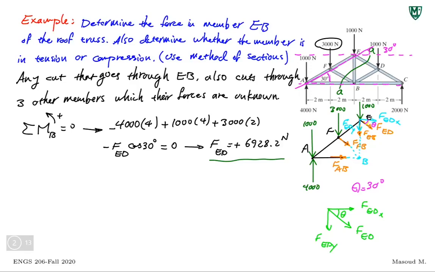So I'm going to have three unknowns eventually, and two equations are not going to help me find them. So what should I do next? This is an unusual cut we're going to make, very similar to the way we were doing method of joints. What I will do is that I'll come, and you might ask me, how did I come up with that?